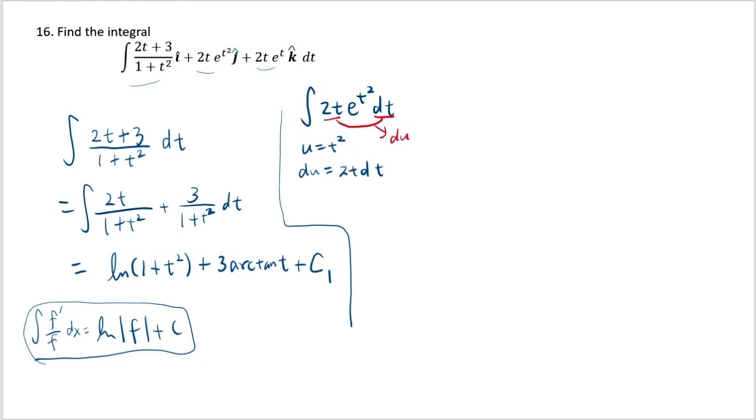And that results in the integral being equal to the integral of e to the u du, which is simply e to the u plus c2. And then you have to turn u back into t. U is t squared, so that's what you get for the second integral.